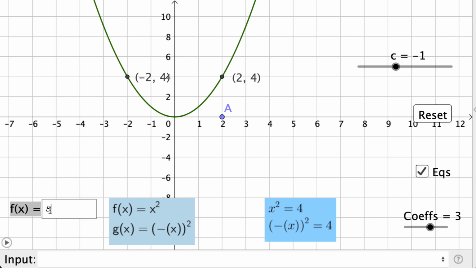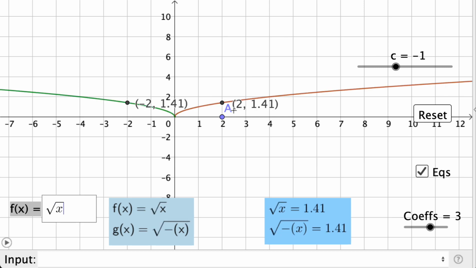On the other hand, if we do something like the square root of x, which is not symmetrical, you can see that our original function here, which is the red function, was flipped over to be on the other side of the y-axis.